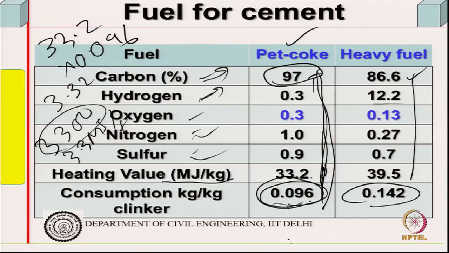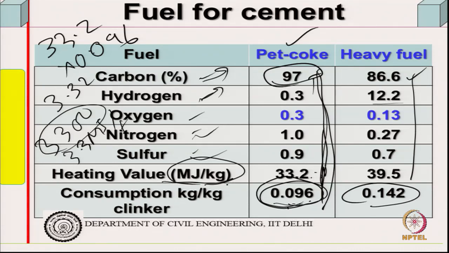Am I right? See, 0.096 multiplied by 33.2, because the megajoules per kg is the heating value. So, it will generate that much heat. Roughly I have multiplied by 0.1, since 0.096 is about 0.1. So, it will give me 3.32 megajoules per kg of clinker, okay.